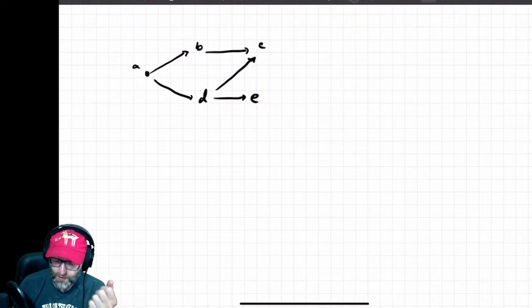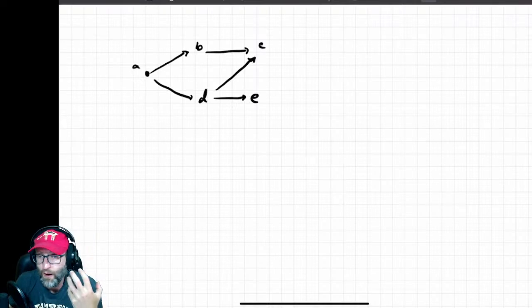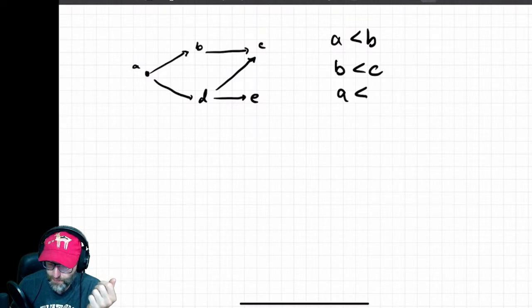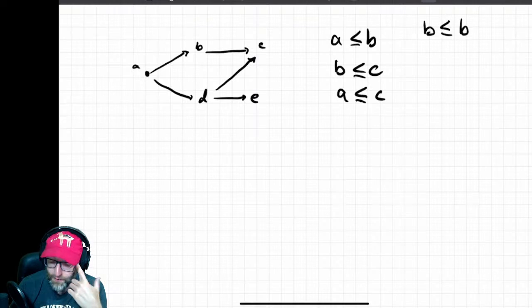Now those relations connote some precedence, that A comes before B, that B comes before C, and by transitivity, A comes before C. This could be less than or equal to, more accurately, because of course B is less than or equal to itself. That's where reflexivity comes in.